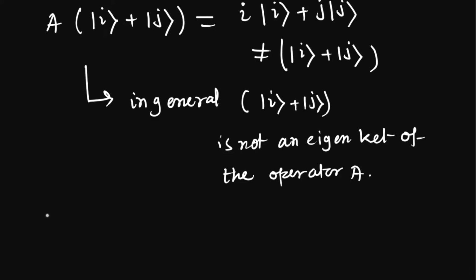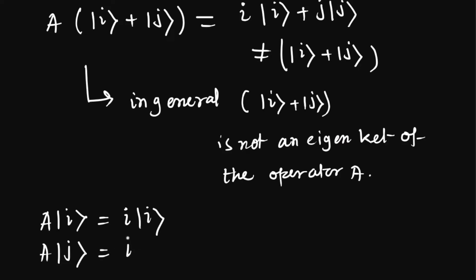That means if A|i> is equal to a|i> and also A|j> is equal to a|j>, then these two states are degenerate states.